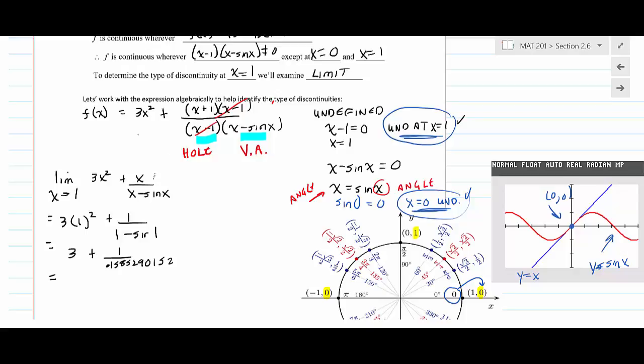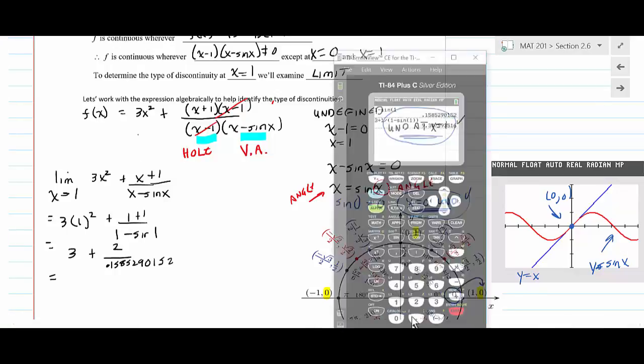Okay, it looks like I missed one thing right here. I was looking at this and that didn't look right to me, so that's x plus 1 is what that should have been. So that's 1 plus 1. Now let me get my calculator out and fix that.